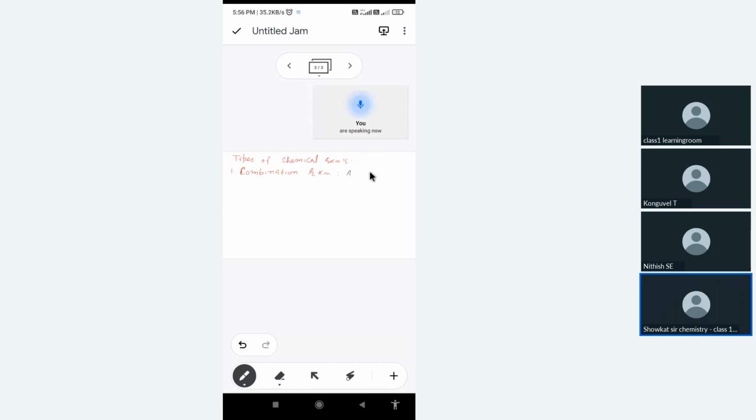So this is the short form, and you will write it down in detail. A reaction in which two or more substances react to form a single product.